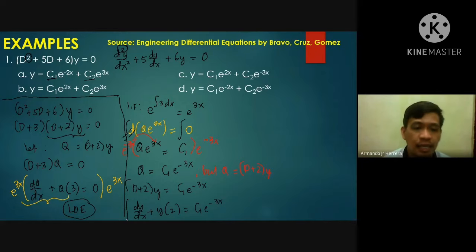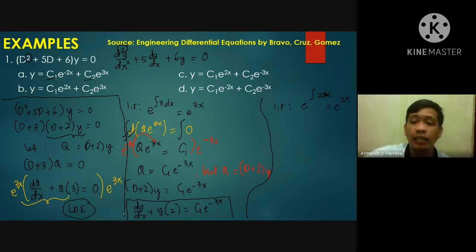Again, this is a linear differential equation with dependent variable y, so we get our integrating factor again. It will be e to the integral of the coefficient of our dependent variable, which is 2 dx, which is e raised to 2x.